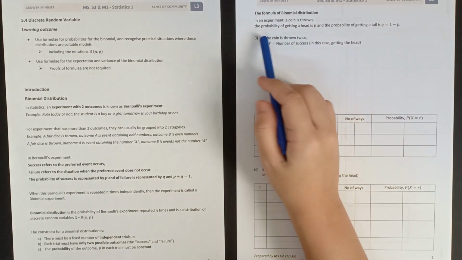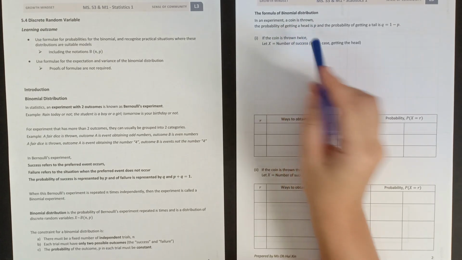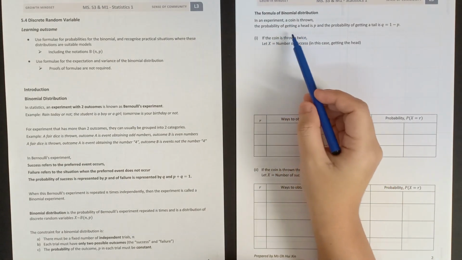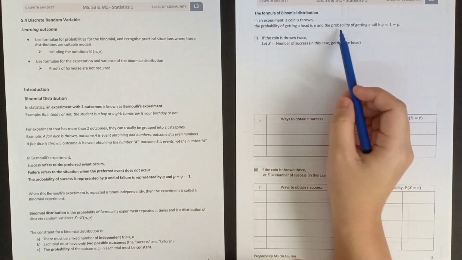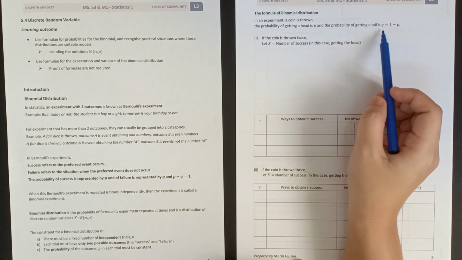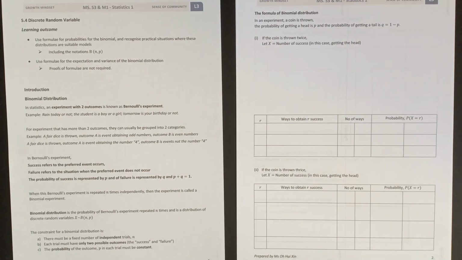Okay, so in an experiment, a coin is thrown. The probability of getting a head is P and the probability of getting a tail is Q, which is 1 minus P. So in this event, the X, or the success event that we define here, is basically the event of getting the head.